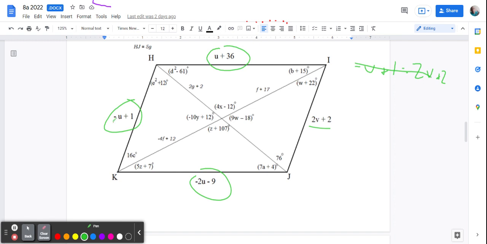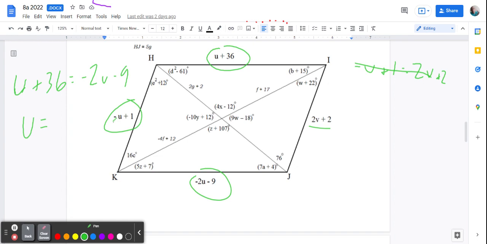But we also know that the u plus 36 is equal to negative 2u minus 9. So there's an equation where we could solve for u. There we can get our number for u.